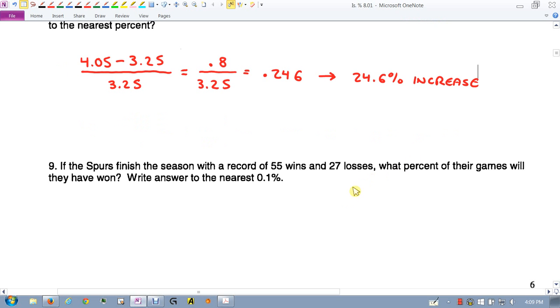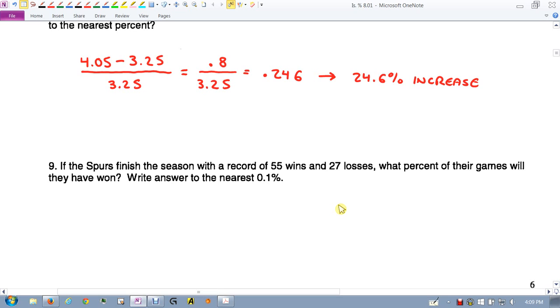Spurs question. If the Spurs finish the season with the record 55 wins and 27 losses, what percent of their games will they have won? How many games did they play?